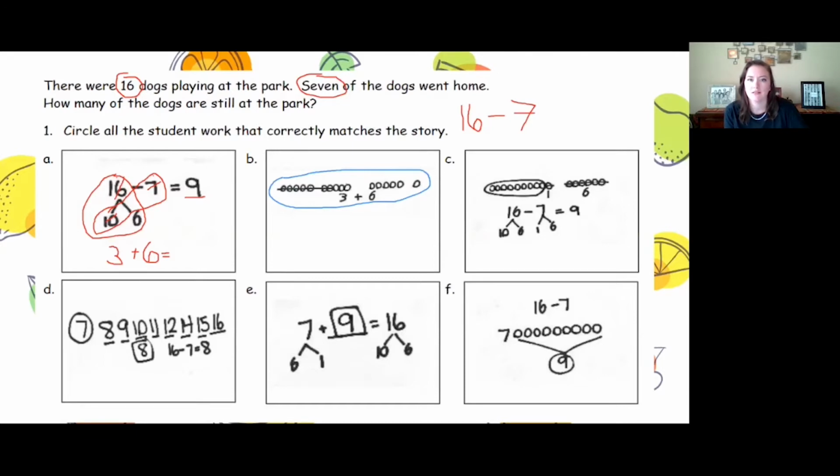Okay. 11, 12, 13, 14, 15, 16. Okay, so they still got the same total. So they said that there were 16 dogs. And what I really like about this one is, what do you see that's a little bit different from what we've been working on?